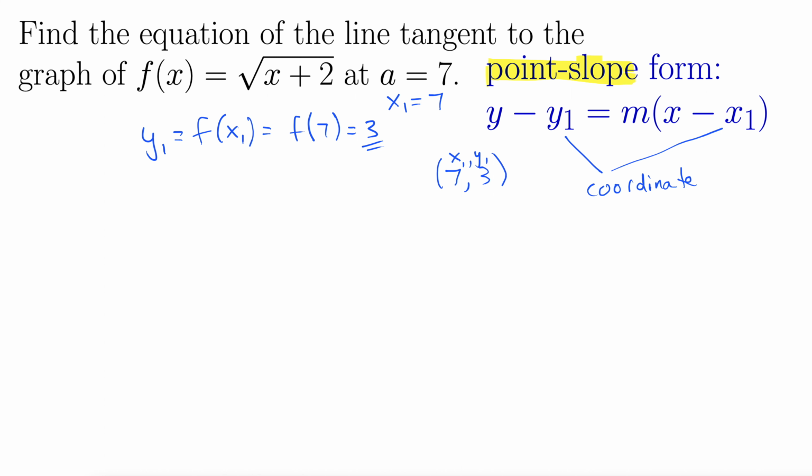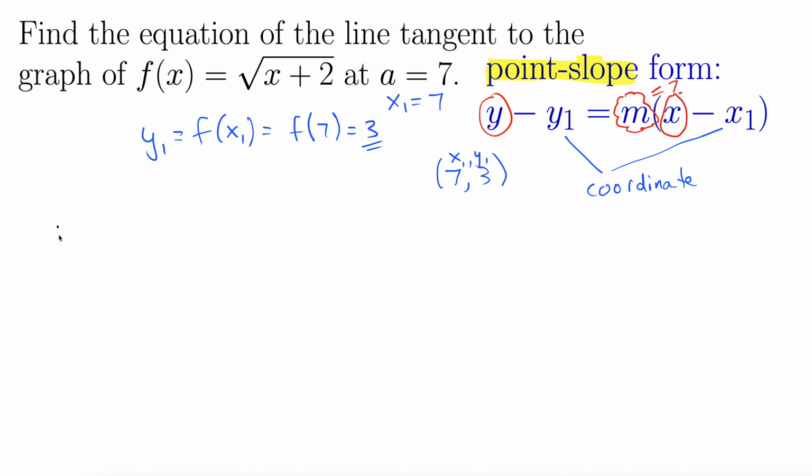And then in this equation for the point-slope form of a line, we'll leave y and x as variables. The big thing we need then is m, the slope of the line. Well, remember that the slope of a line at a point is given by the derivative of the function at that point.